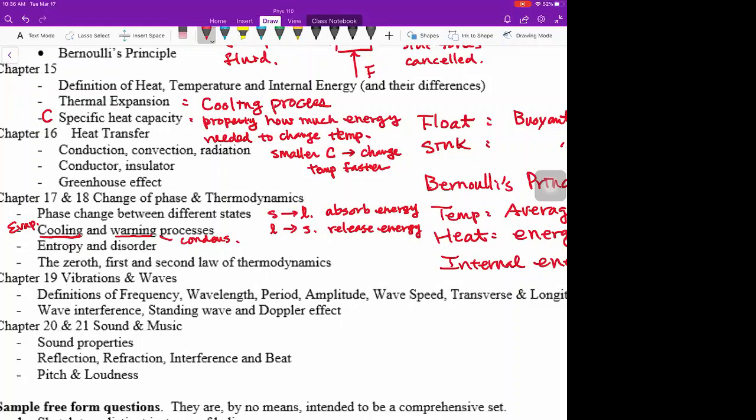For thermodynamics, you just need to know a simple idea of what each thermodynamics law represents. The zeroth law represents thermal equilibrium. Two objects, you put them together, they will reach the same temperature, which is what we call thermal equilibrium. The first law is about the conservation of energy.